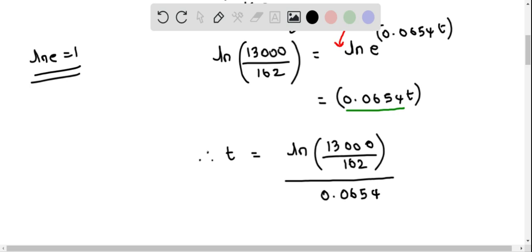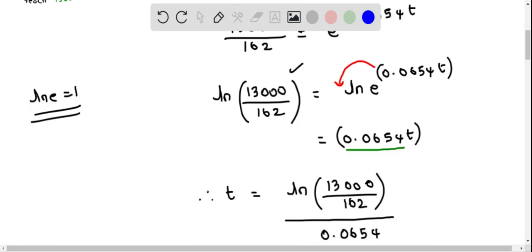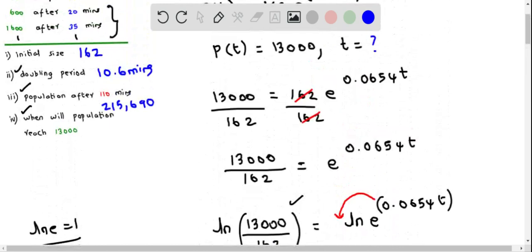And so we plug this expression on the right side into the calculator to find the numerical value, and we approximate t. This one is approximately 67 minutes. And so therefore we see that it takes 67 minutes for the population to reach 13,000. So here we mark this one as 67 minutes. So thus we have answered all parts of this question.